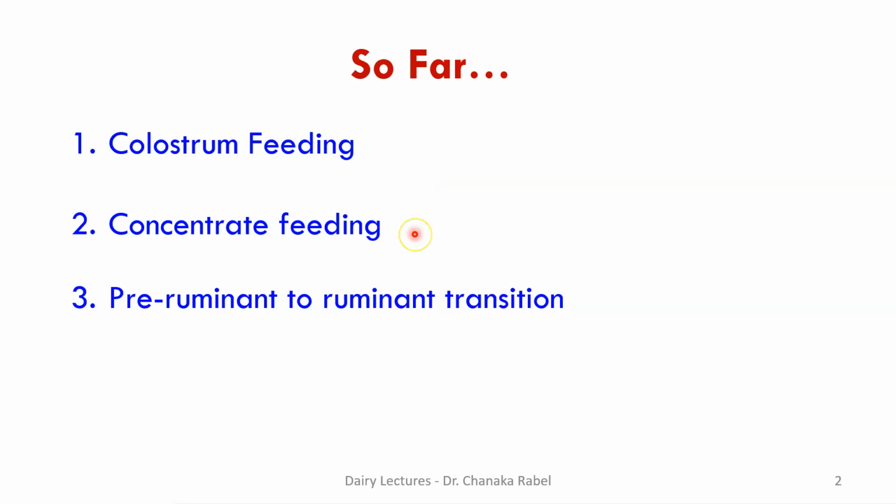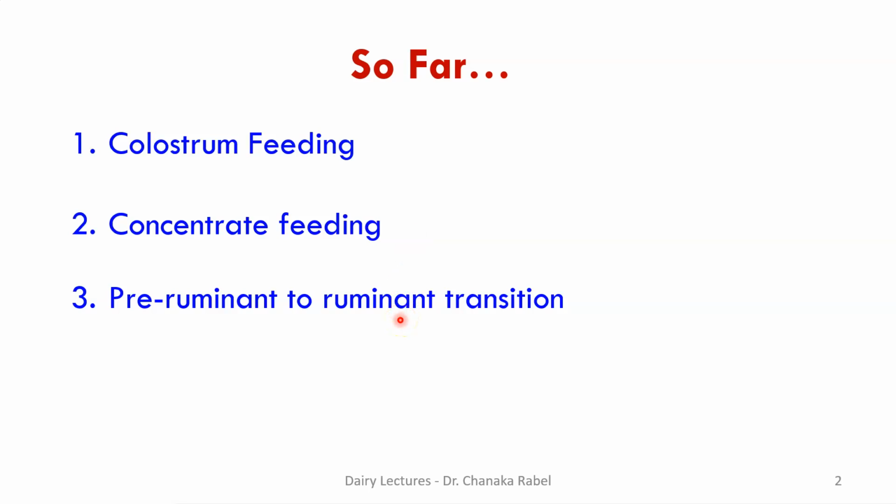Then we also talked about certain aspects of concentrate feeding, which is calf starter, the physiology behind that, why we should feed concentrates, different volatile fatty acids, what part of rumen development it helps, and so on.